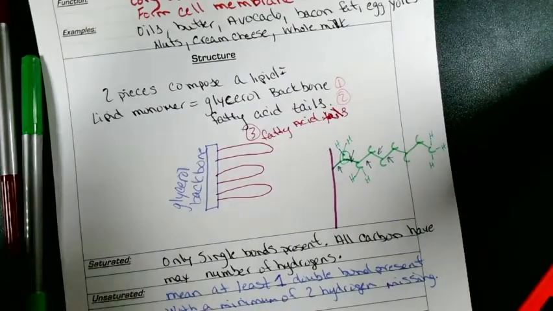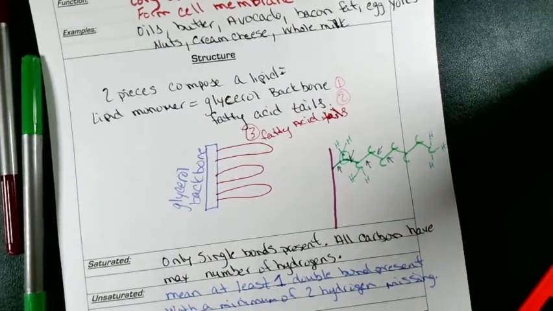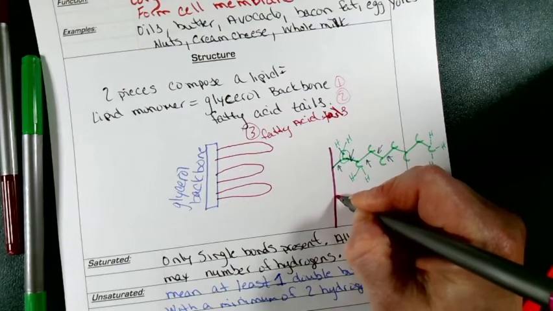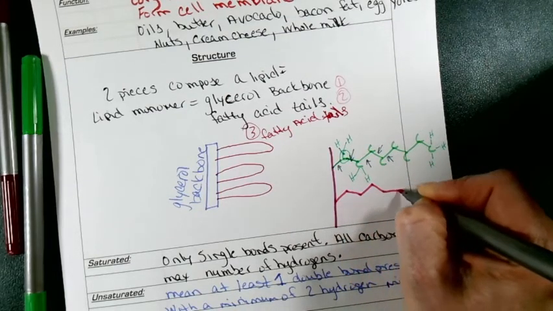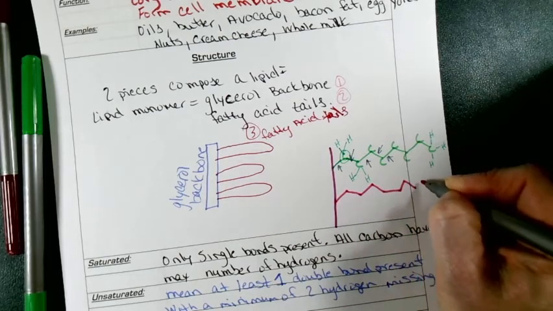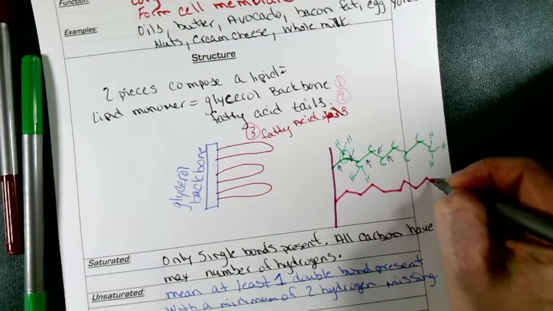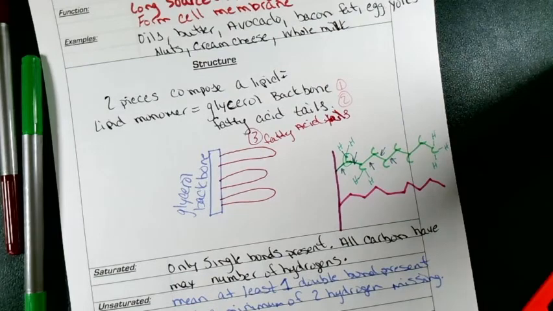So here's an example. Get another color real quick. I'm going to do pink since I haven't done pink in a bit. So I'm going to draw another tail. But this time I'm going to show you what an unsaturated fatty acid looks like.